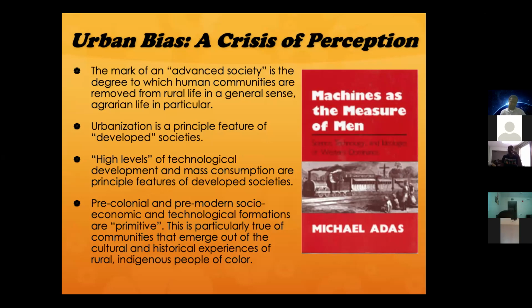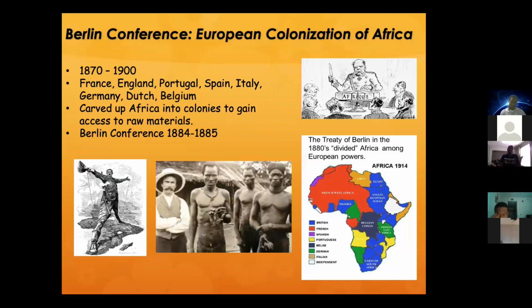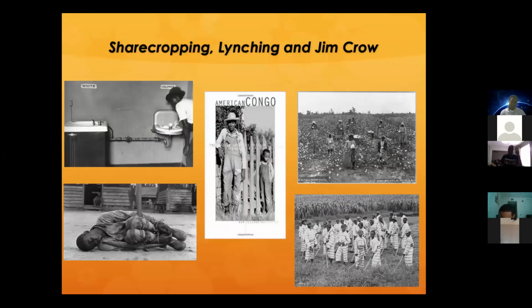We reflect on stuff like that, but we link that to things like the colonization of Africa. So you can't talk about the industrialization of Europe without the colonization of Africa. It's impossible, because the material basis for industrialization comes from the exploitation of the colonies and the exploitation of people and the environment in the southern US as well.